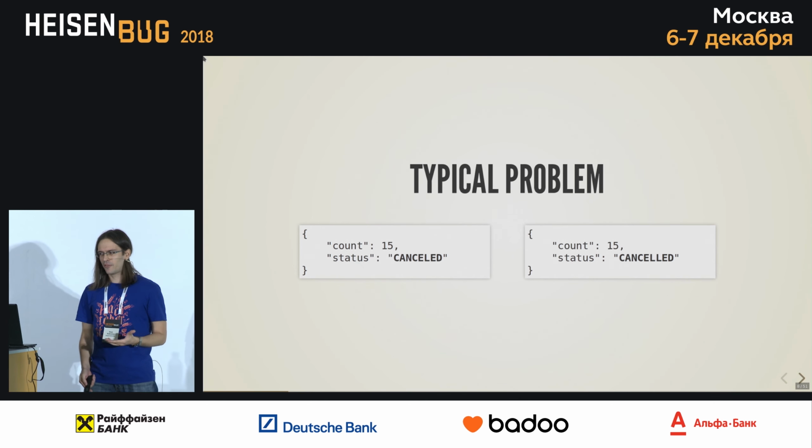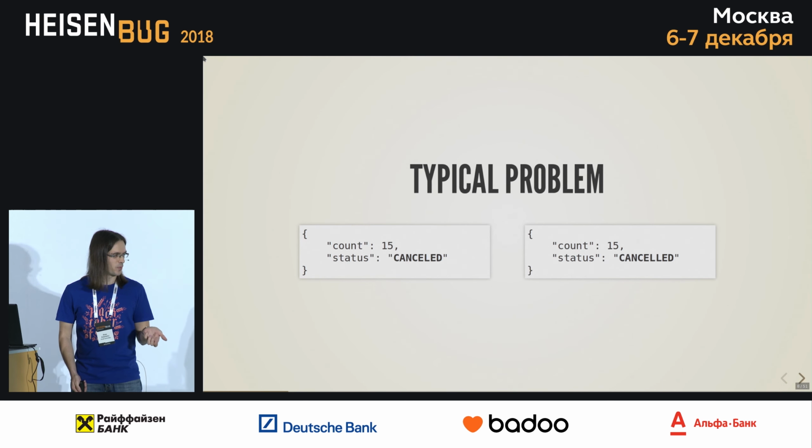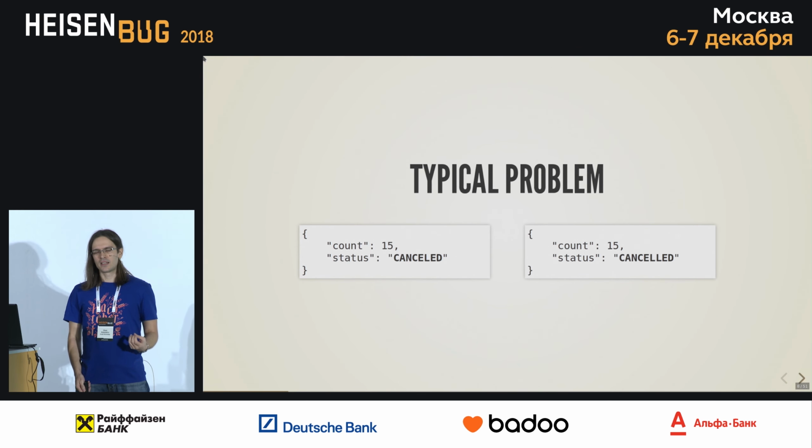So how can we fix it? How can we have tests that are fast, but don't have the silly problem that we made a spelling mistake and it breaks on production? So the idea is to have a single source of truth.